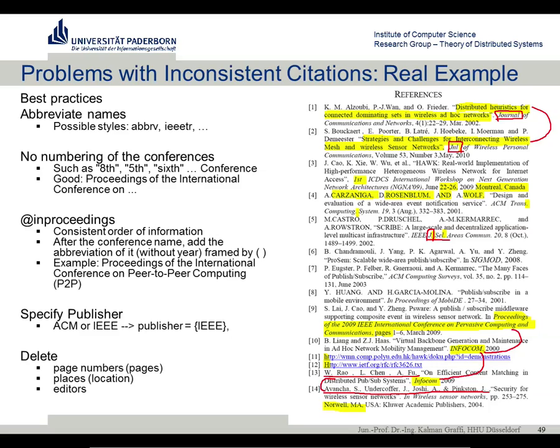If Infocom is sometimes small, sometimes big, sometimes you have the place where it has been presented, sometimes not, sometimes it's just the abbreviation of the conference name, sometimes the whole description.